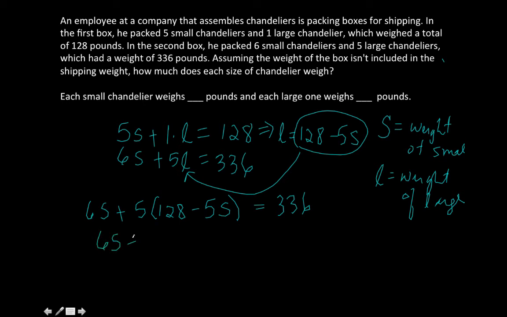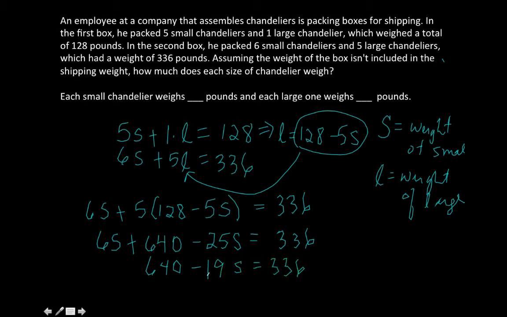So 6S plus 5 times 128 is 640. So minus 25S is 336. 6S minus 25S, 640 minus 19S is 336. Subtracting 640 from both sides, minus 19S is negative 304.